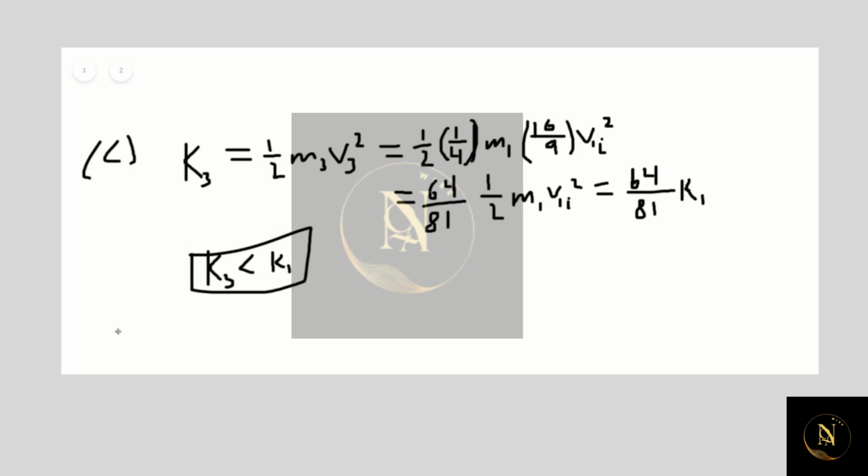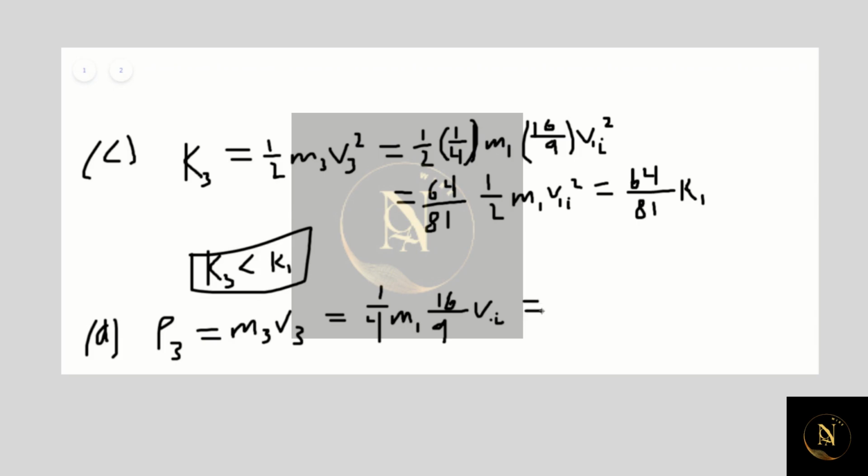Now for part D, we're asked to do the same comparative analysis for the momentum of block 3 and block 1. Well, P3 is equal to M3 times V3. And as we just stated, M3 is 1/4 M1, so this is 1/4 M1, and V3 is 16/9 V1 initial.